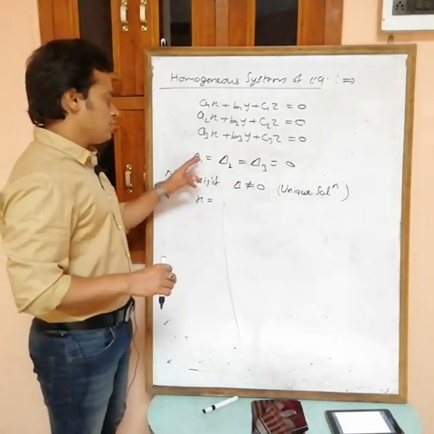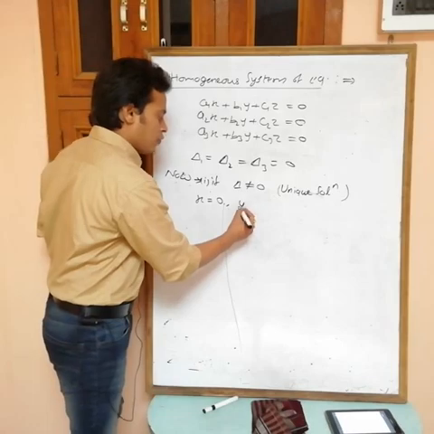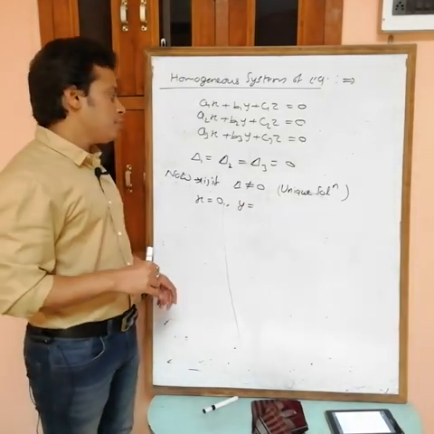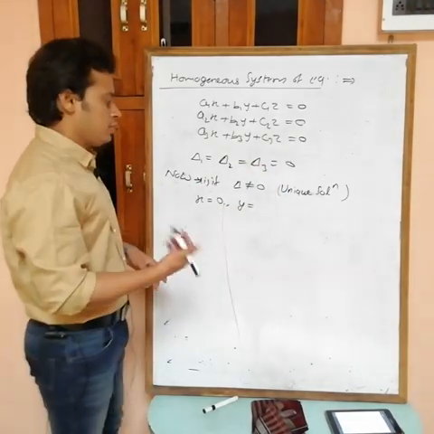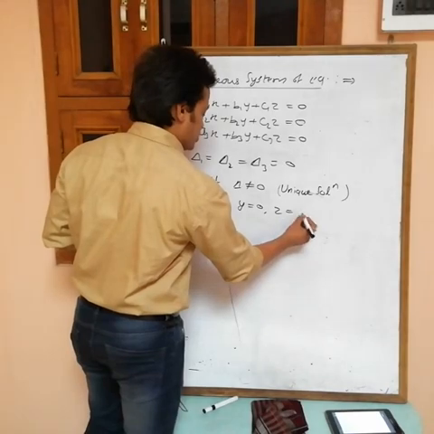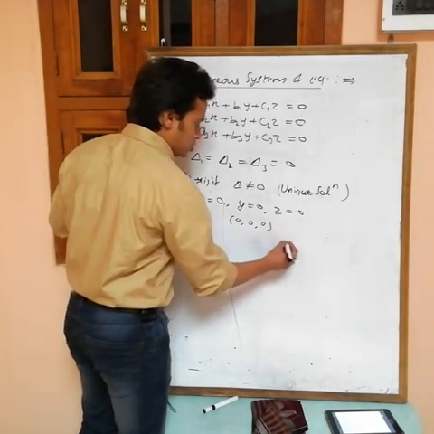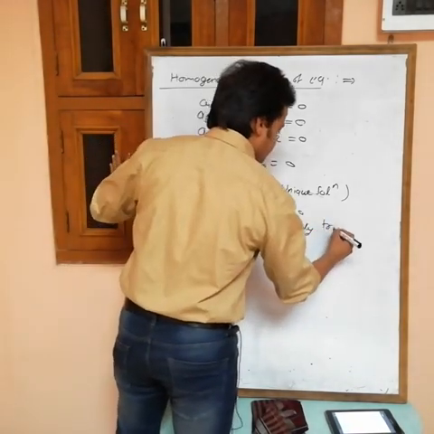Now del is not equal to 0, but del 1 is 0. So 0 by non-zero is 0. y equals del 2 by del. Del 2 is 0, and del is non-zero, so 0 by anything else equals 0. Similarly, z is also equal to 0. So the solution is 0, 0, 0. Only the trivial solution.